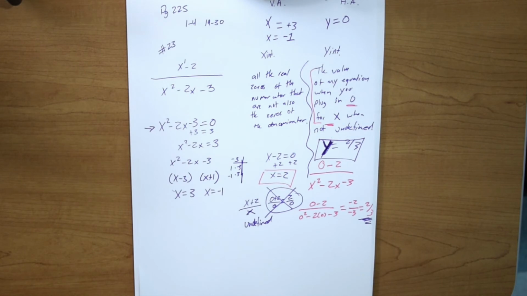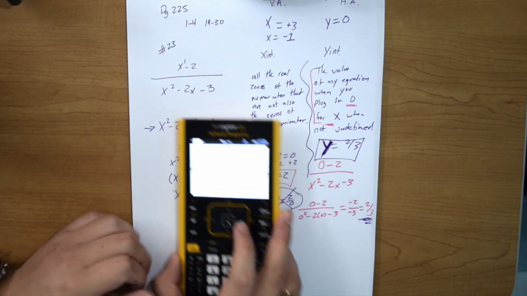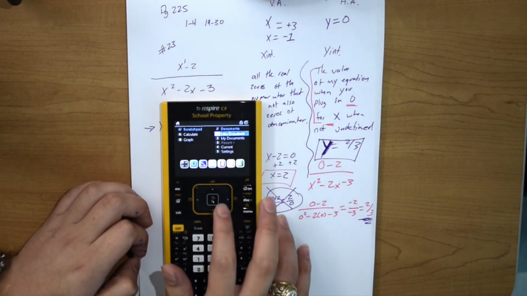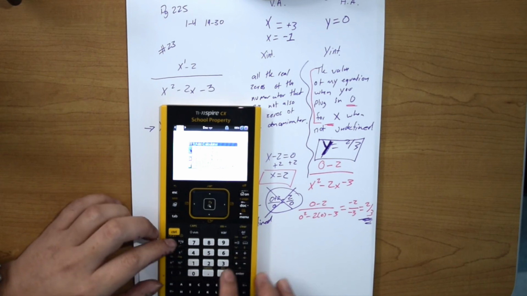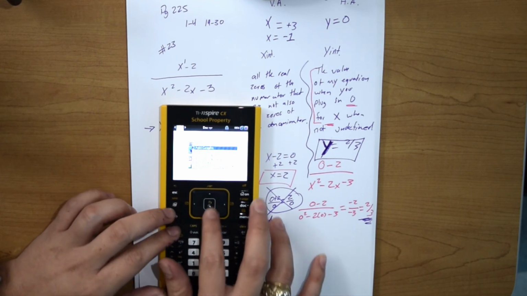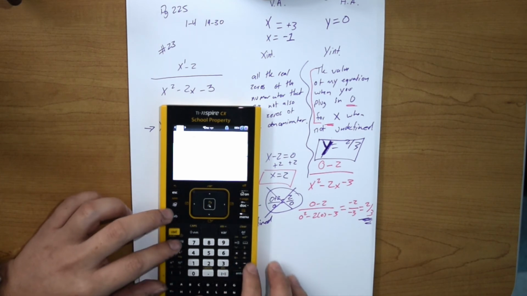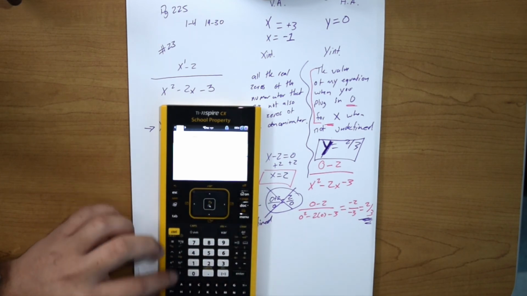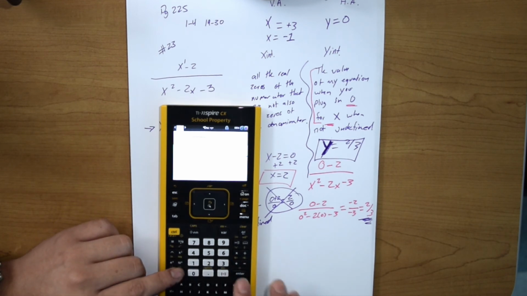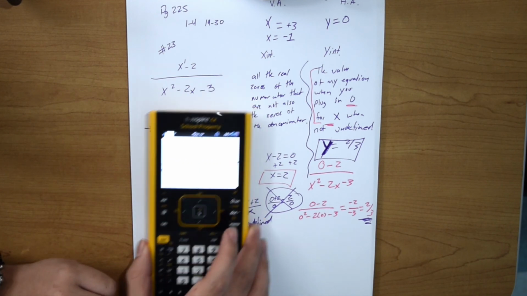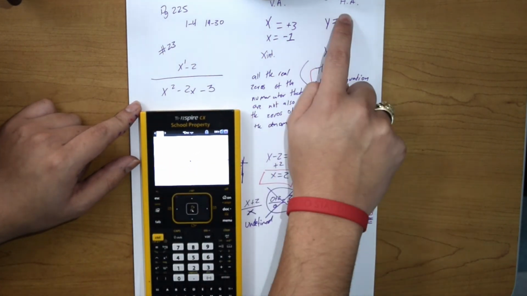And if I were to graph this, I would be able to confirm that. I can enter x minus 2 divided by x squared minus 2x minus 3, and when I press enter, I see a horizontal asymptote at y is equal to 0.